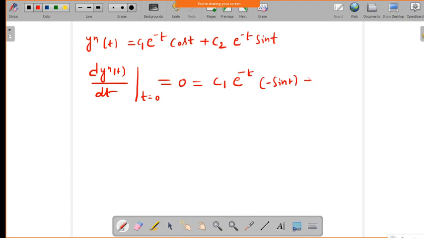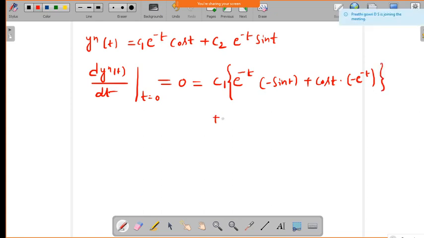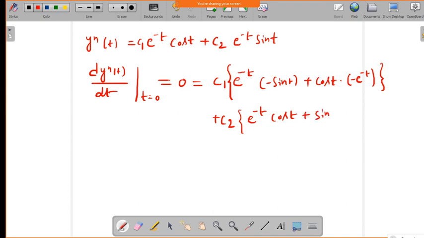Plus, you can put c1 outside, plus cos t into the differentiation of e power minus t, which is minus e power minus t. Plus c2 into e power minus t cos t, plus sin t into minus e power minus t.